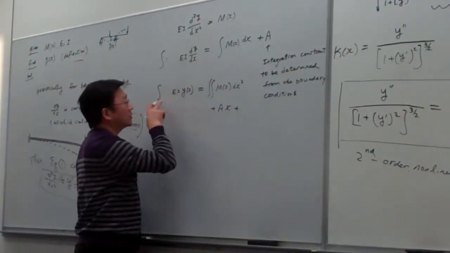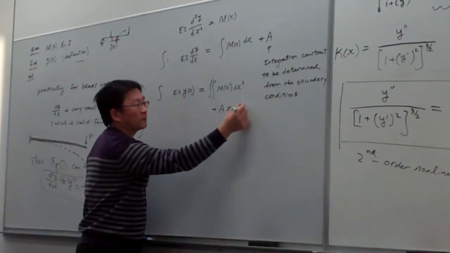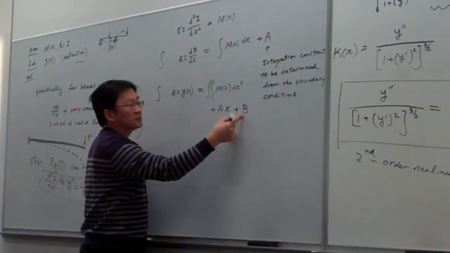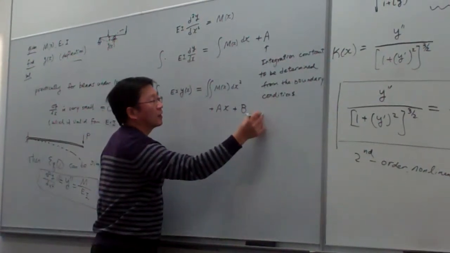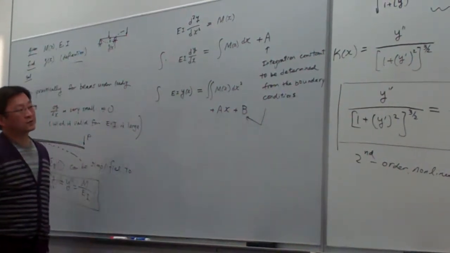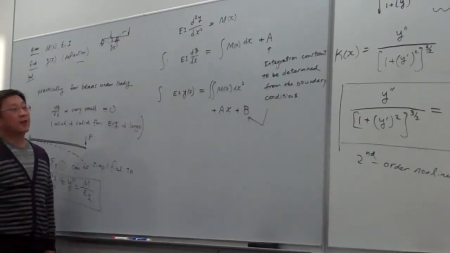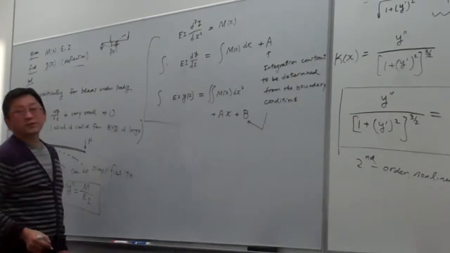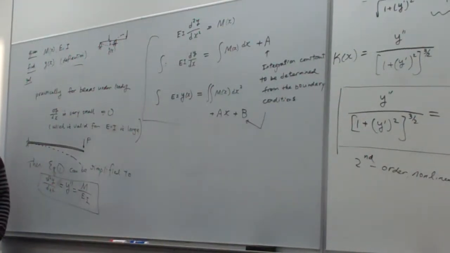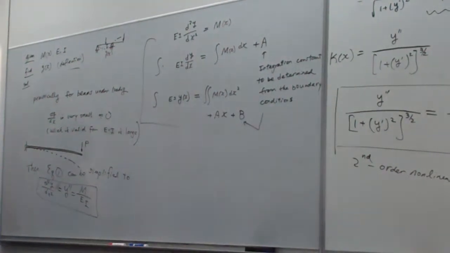And again, the integration will come up with the second integration constant. So A and B are both integration constants to solve for. And that's it. That is the standard procedure for the differential equation you would need in this chapter.